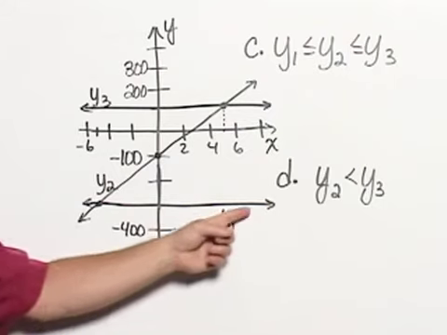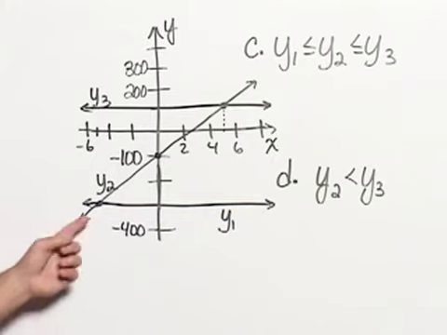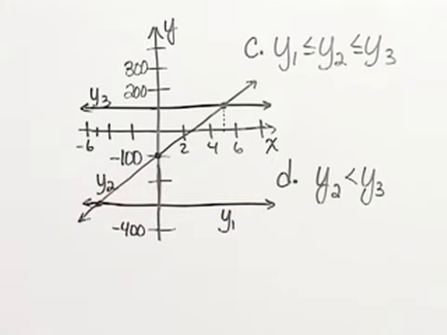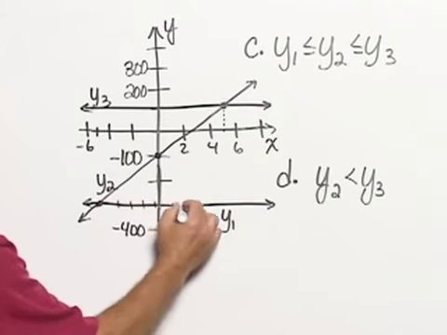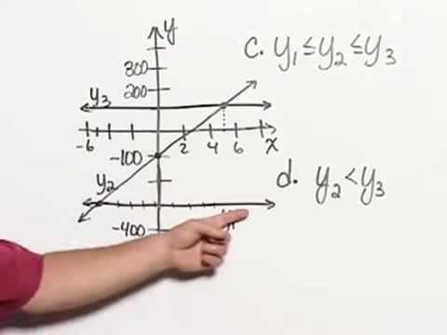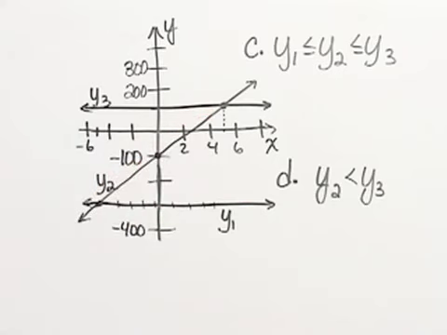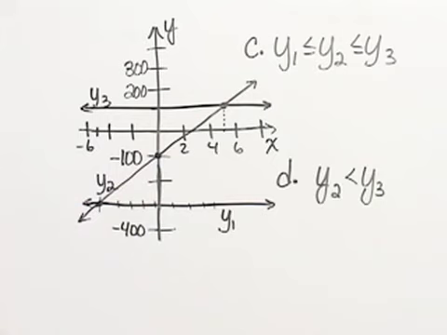So notice that y sub 1 is this horizontal line, and y sub 2 is this diagonal line. And in this case, where we have these values along here, we have that y sub 1 is actually less than y sub 2. So when we get to this point right here, they're equal.